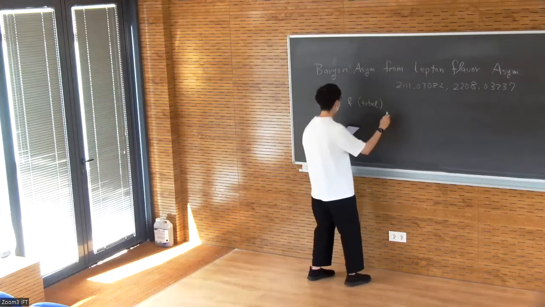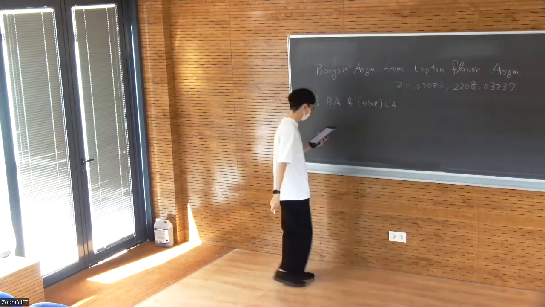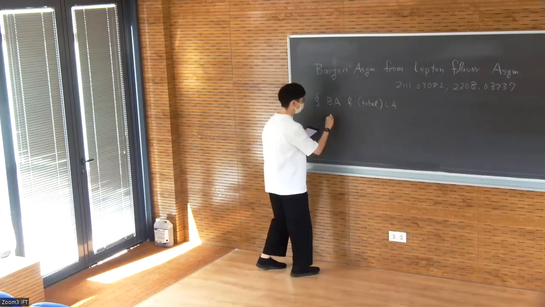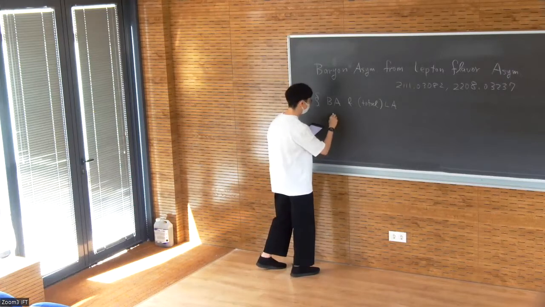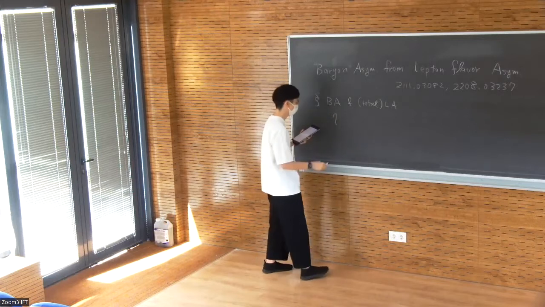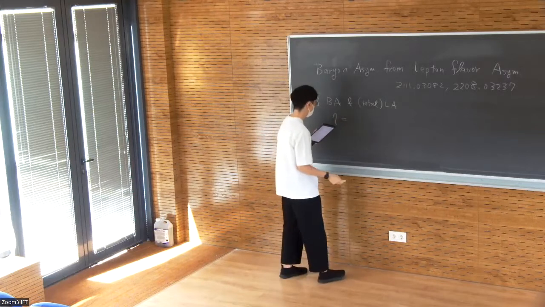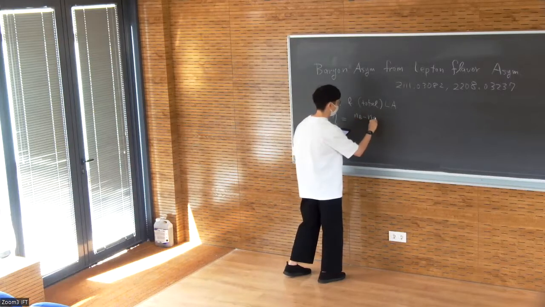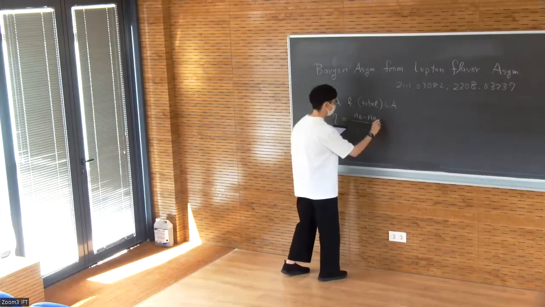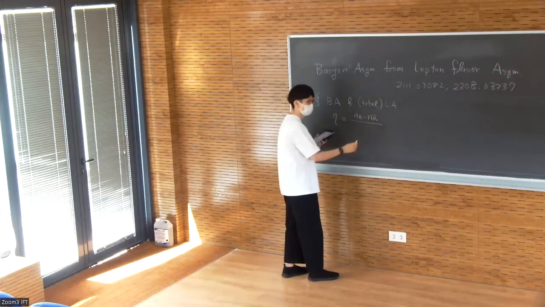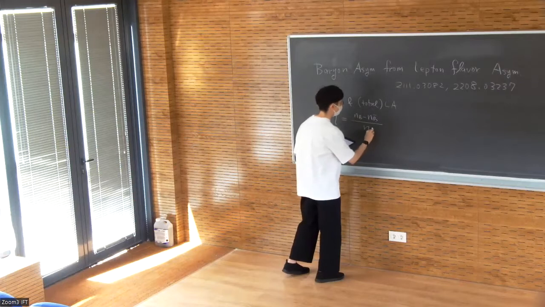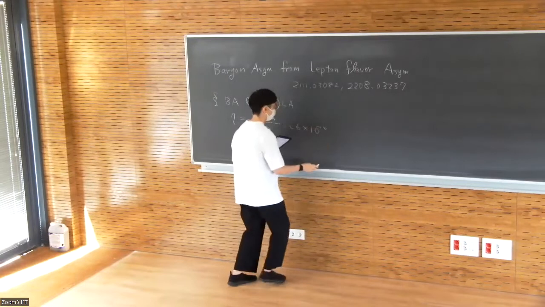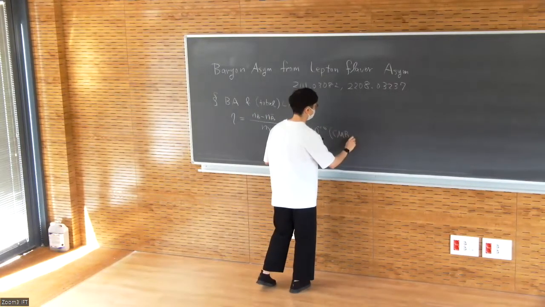As you all know, the universe has a tiny baryon asymmetry, which is characterized by the baryon to photon ratio, denoted by eta, given by the baryon number density minus anti-baryon number density divided by the photon number density, which is of order 10 to the minus 10, from CMB and BBN.